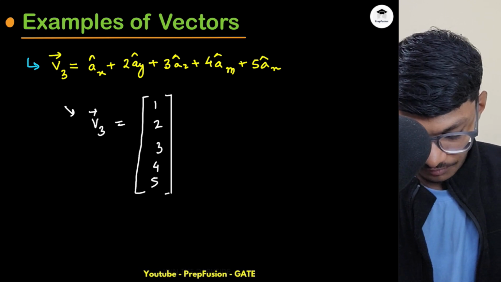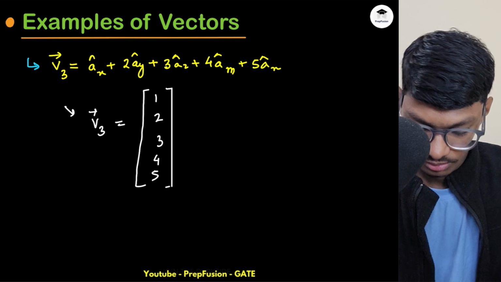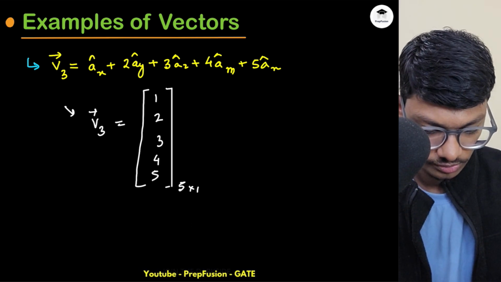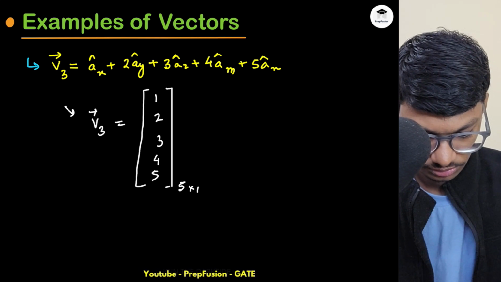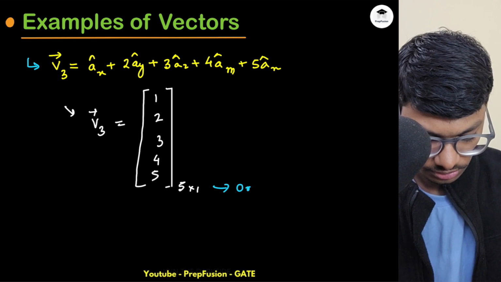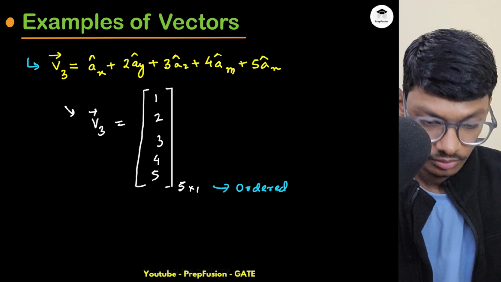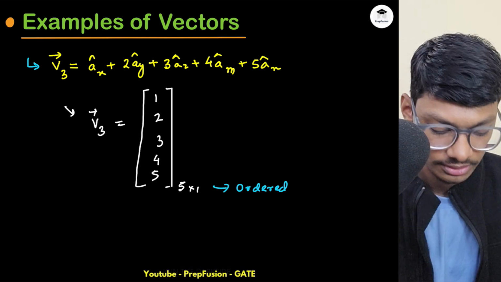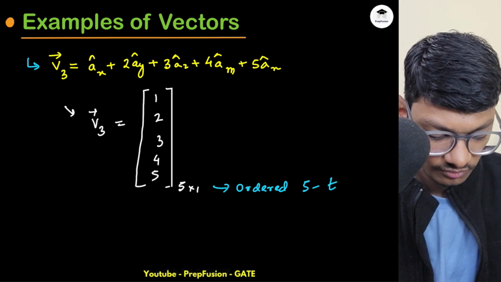Now this is 5 cross 1, and this will be called an ordered 5-tuple. Instead of quad, I can name everything differently, right?